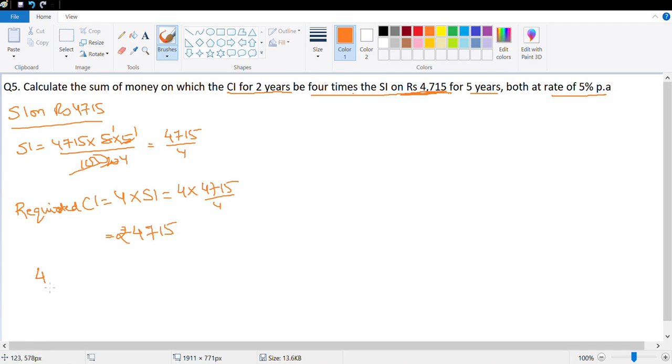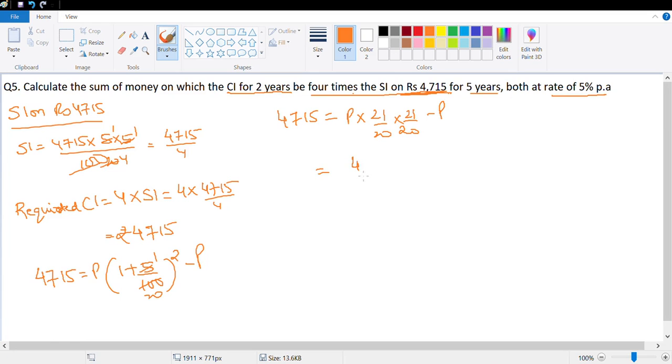So compound interest is equal to principal times (1 plus R), in this case 5 upon 100, to the power 2 years, minus principal. That's 4715 is equal to P into 21 upon 20 into 21 upon 20 minus P. That's 441P minus 400P upon 400.